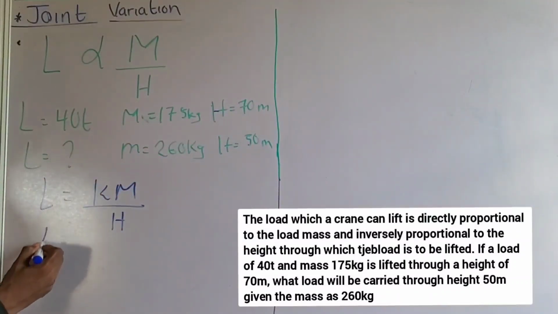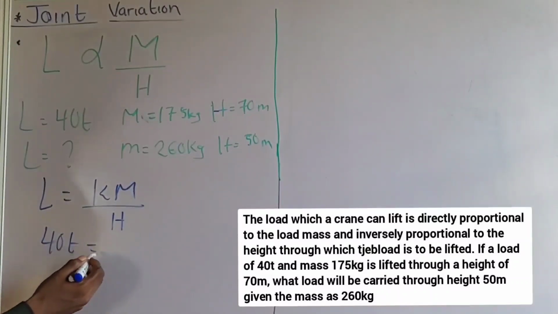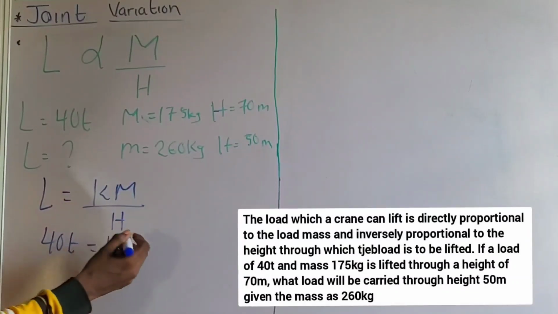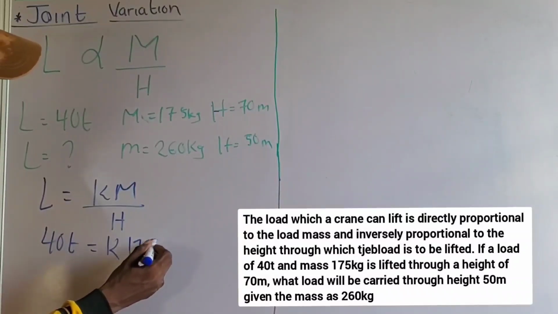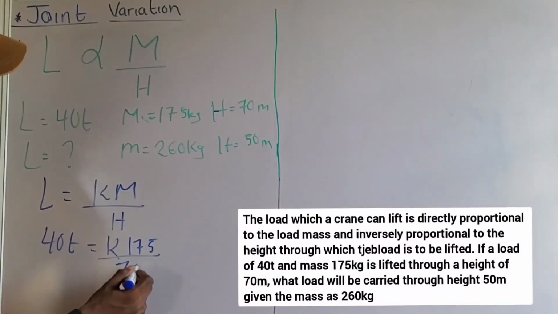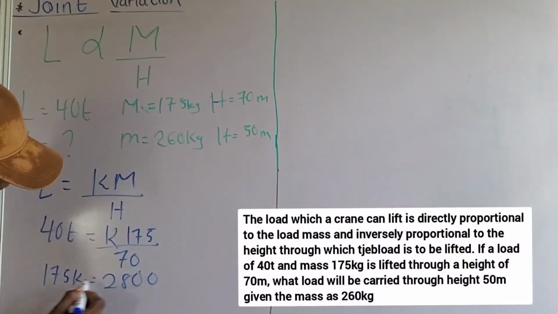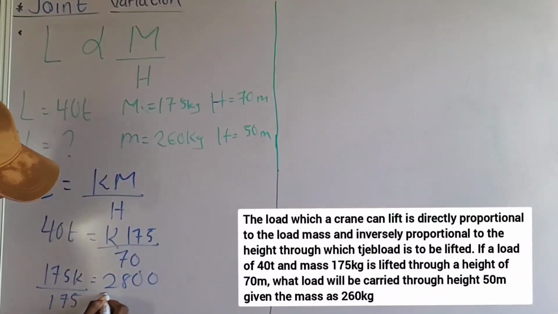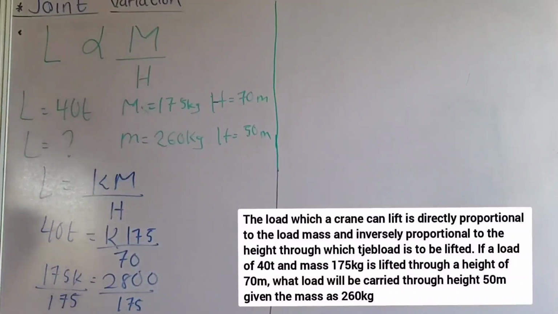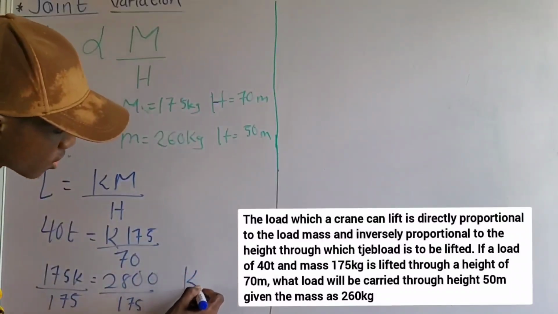So 40 equals K multiplied by 175 all over 70. 40 times 70 is 2,800. So I'm going to have 175K equals 2,800. Divided by 175, that will give us 16. So the value of K is 16.